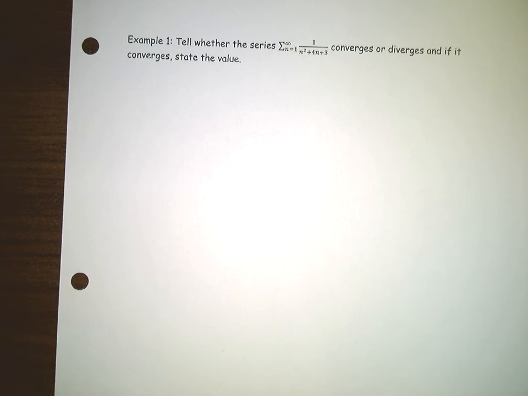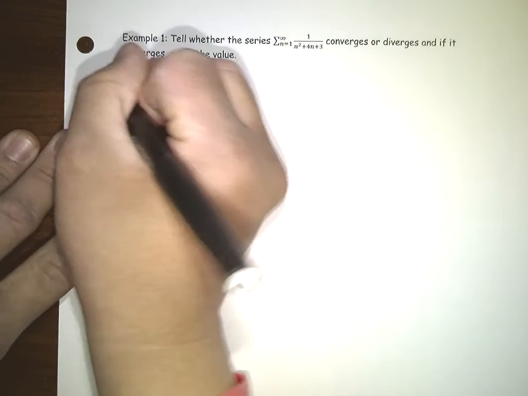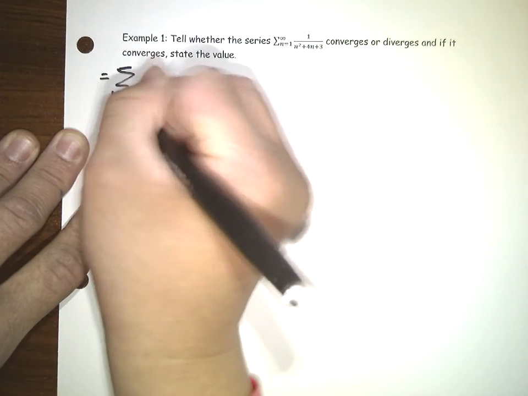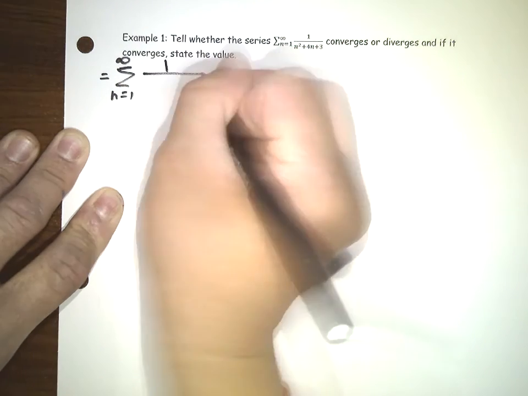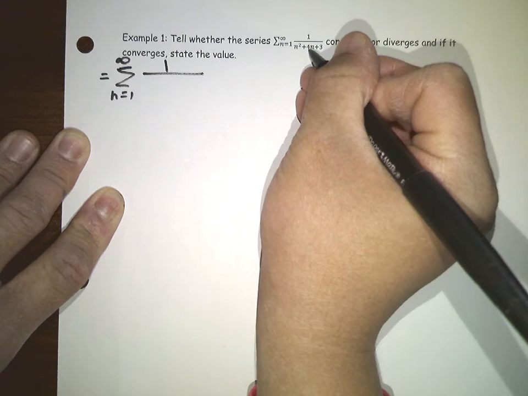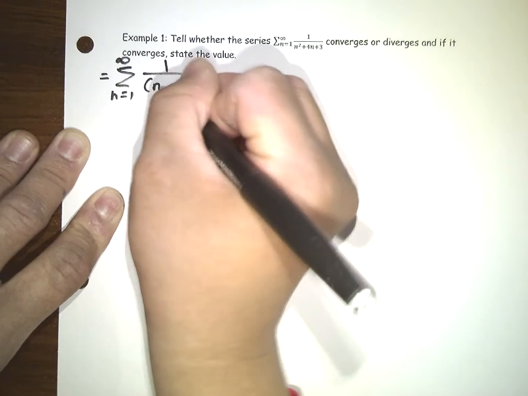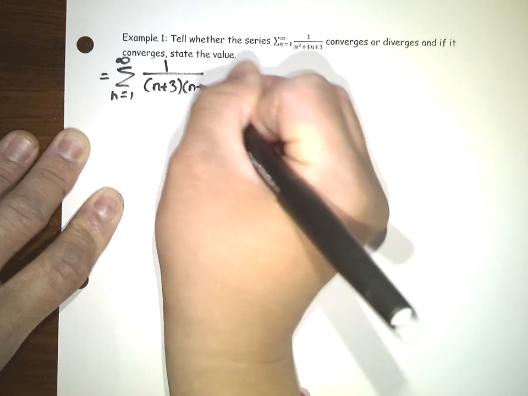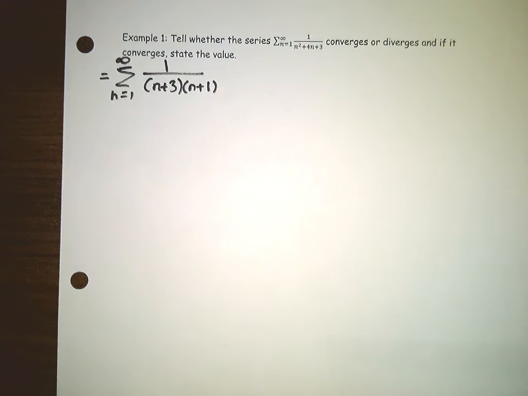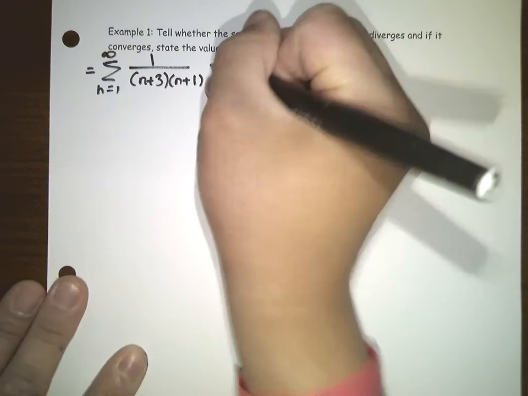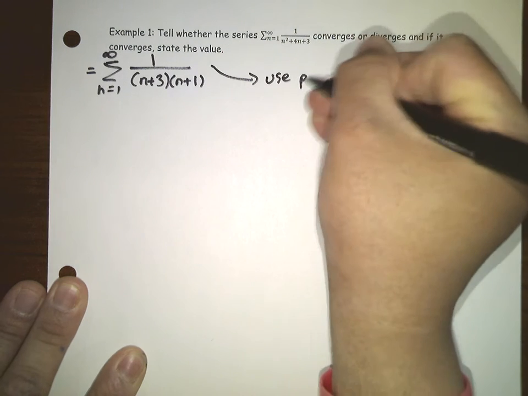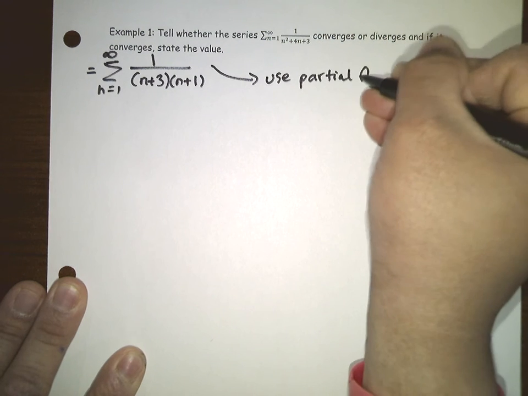All right, so what I'm going to do here is factor the denominator, so n squared plus 4n plus 3 is n plus 3 times n plus 1. Then I'm going to use partial fractions on this.